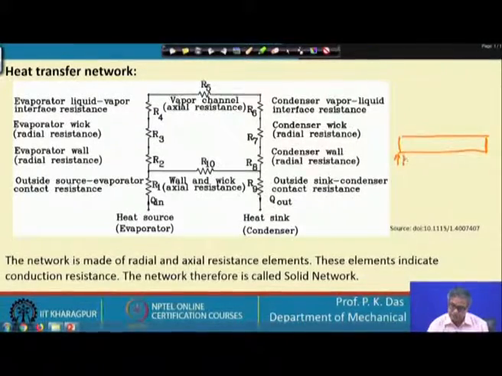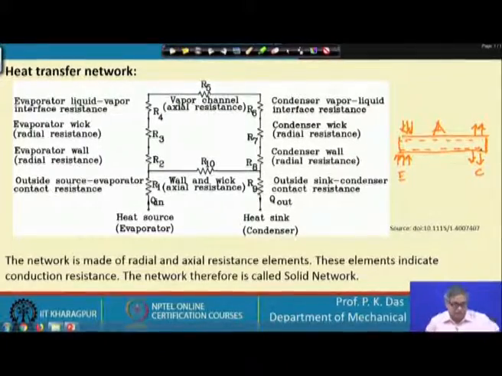Here is the evaporator section, where heat is given, here is the condenser section, and this is your adiabatic section. So, these three sections are there, and obviously there is liquid flow and vapor flow. In between, this is your solid wall and this is your porous wick structure.